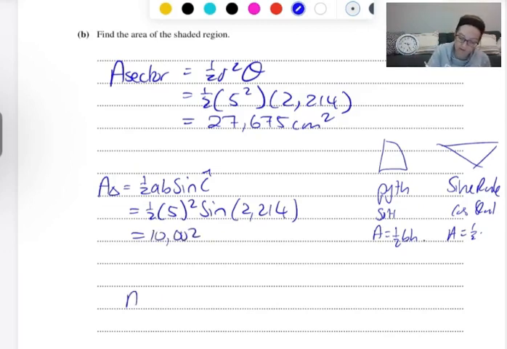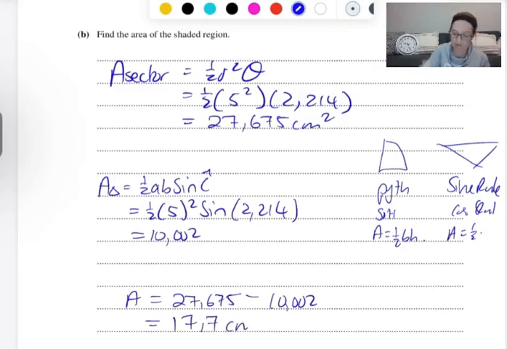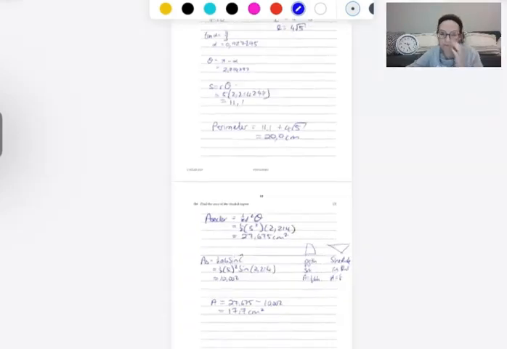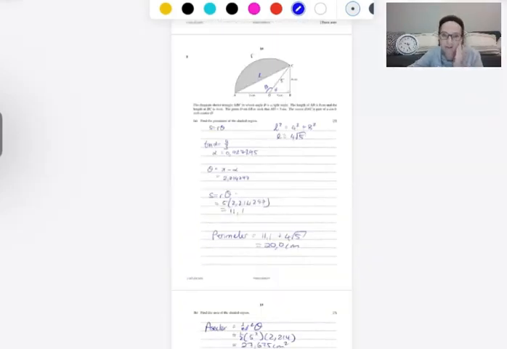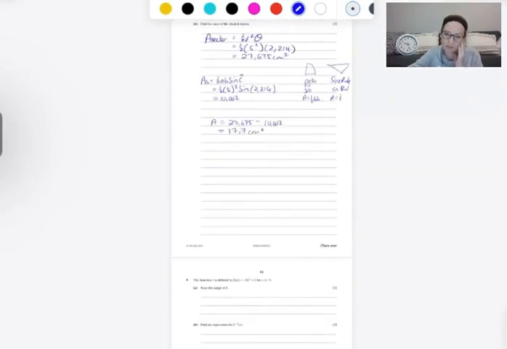Our area is going to be 27.675 minus 10.002, and that answer is 17.7 centimeters squared. I don't think there's a trick to this one either, so it's quite a nice question.